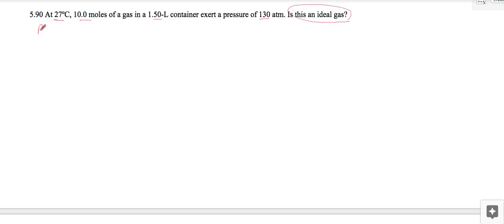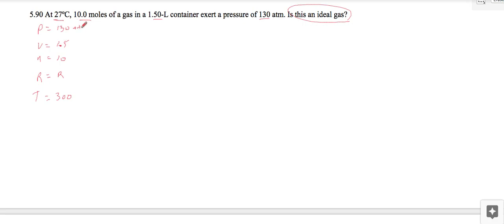So if we use our organizational tool, this problem looks really confusing from the beginning because we have a pressure 130, we have a volume 1.5. It tells us the volume of the container, but remember, gases completely fill the container that they're in. So regardless of the size of the container, that's going to be the volume of the gas. The number of moles is 10. R is R. The temperature is going to be 300.